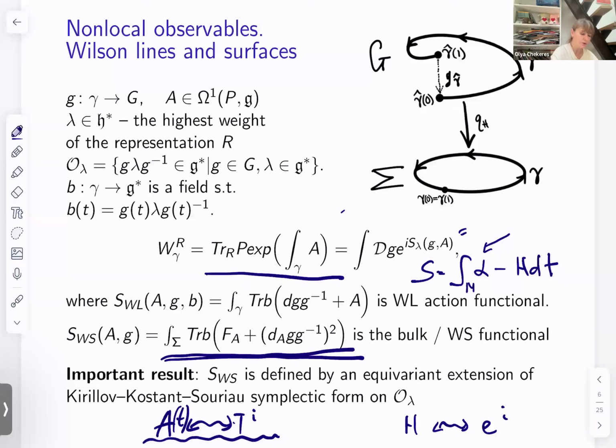Probably this is not what you meant, but if we look at the partition function, there is this trace over the Hilbert space, and then there is a path-ordered exponential of the Hamiltonian.